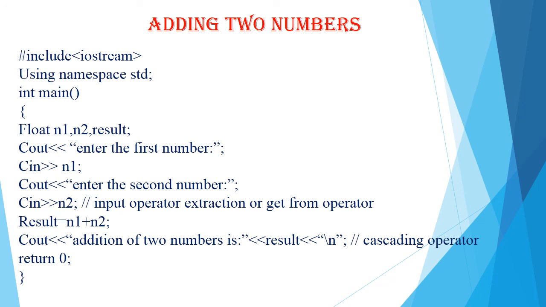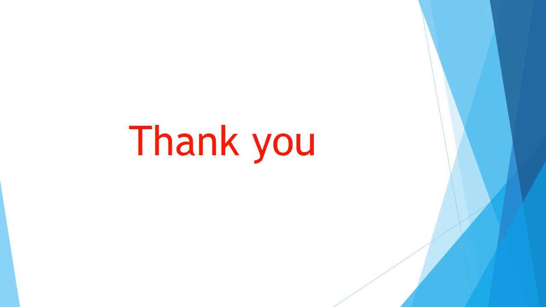Here we are using the double lesser than symbol more than one time, which is called the cascading operator. That means first it transfers the information, addition of two numbers is, and then it transfers the variable result, and then it displays the result in a new line, and finally we are using the return statement. Thank you.